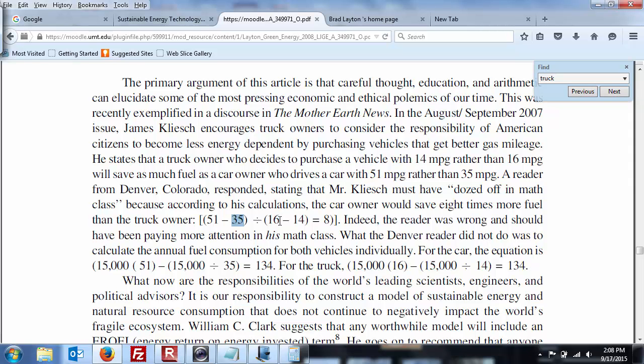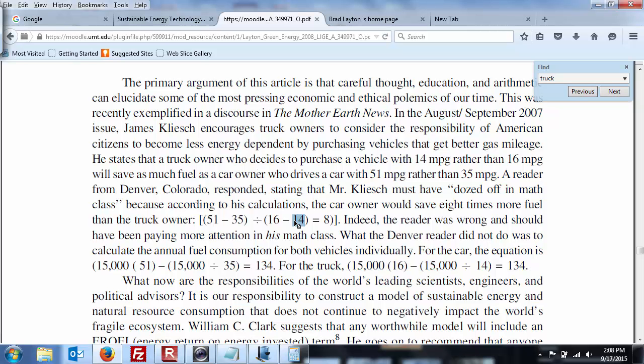This truck would go 16, and this truck would go 14, or 2 miles more. So the mileage difference is in fact 8 times. But indeed, the reader was wrong and should have been paying more attention in his math class.